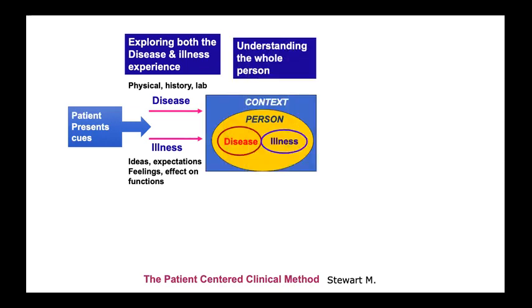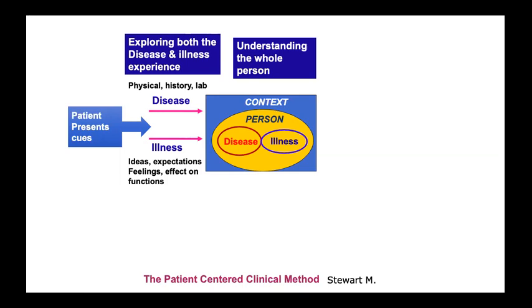Now, if you get the disease and the illness, then therefore we're able to understand the whole person, because for that person who is sick, who thinks to be sick, you are able to define if really there is a pathology or a disease, or it is just an illness experience, or if the patient has a real disease, what the patient's illness experience is.